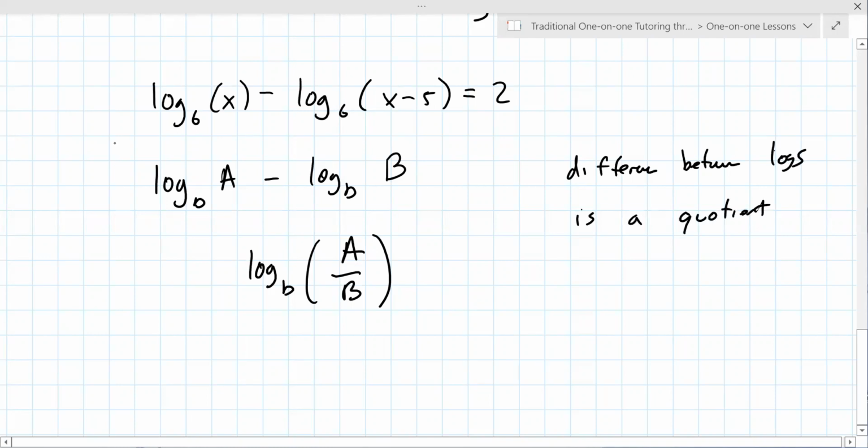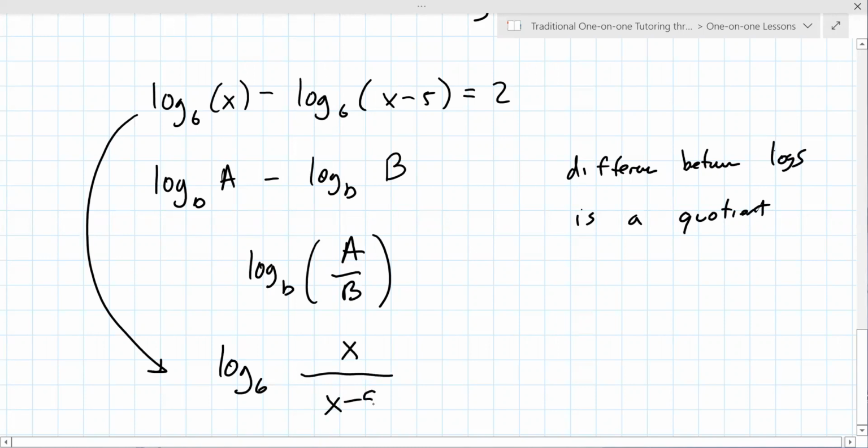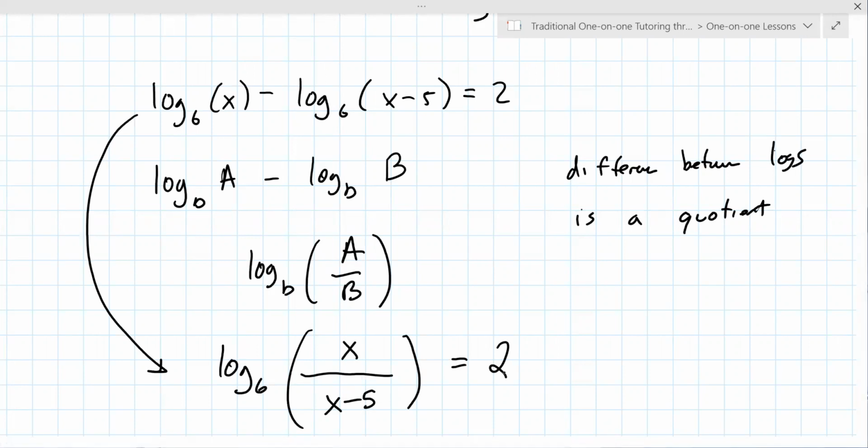So for your problem, the x goes in the numerator and the x minus 5 goes in the denominator, because they have the same base. They have to have the same base. Your problem will have the same base. It's a lot harder to do if they don't.